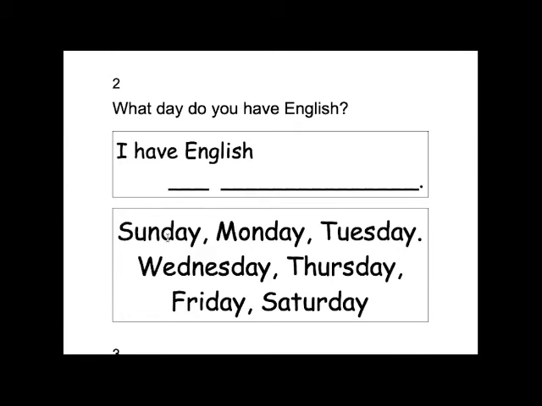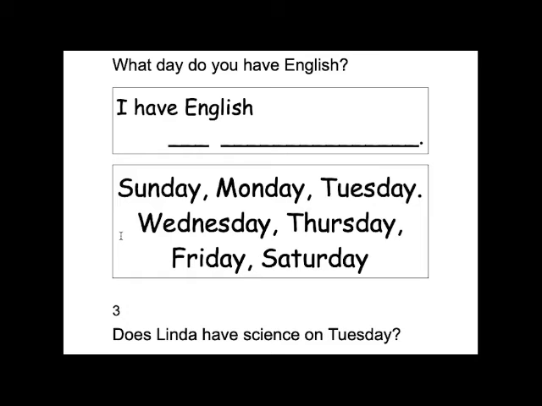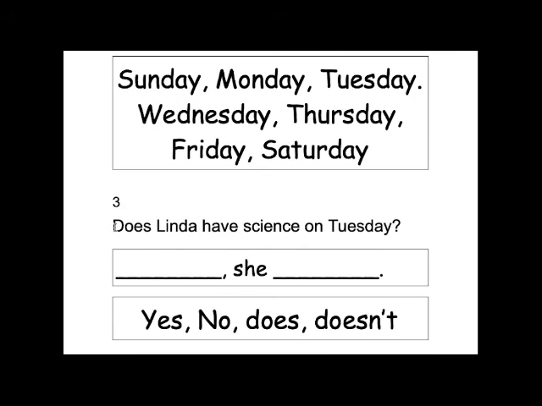Question 2, and we have some choices here. What day do you have English? I have English, and then we've got 2 blanks. The first one is a preposition, so you need to know which little word is going to go in here. And then you can say which day of the week you have English. Question 3.